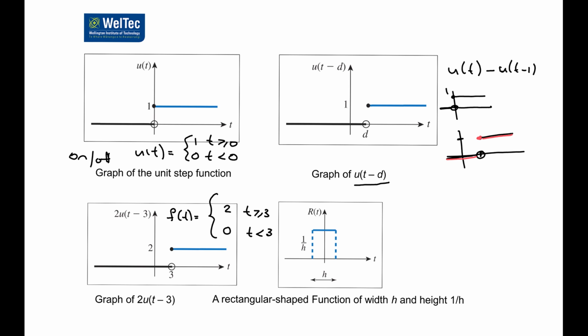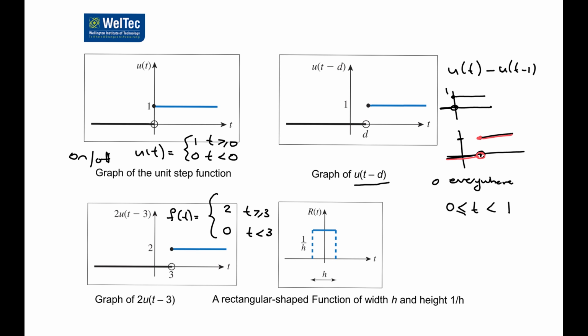Now the combination of that is that it's 0 everywhere except between 0 and 1, where t is greater than or equal to 0 and less than 1.